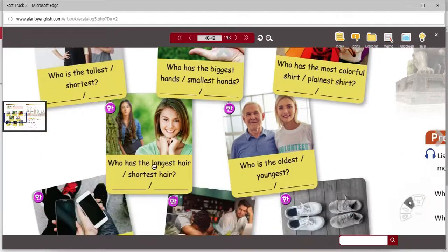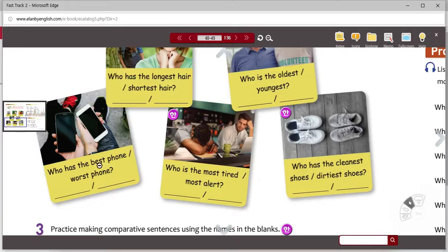Longest, shortest, oldest, youngest, best, worst, most tired and most alert, cleanest, dirtiest. With this one, I think this guy is the most tired. And alert would be the opposite. He's wide awake.